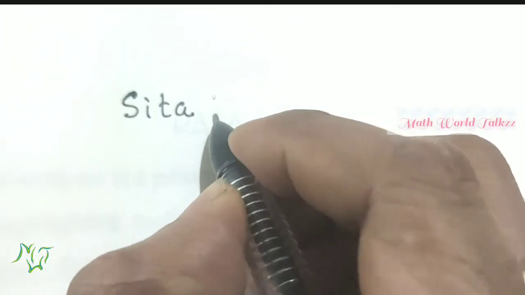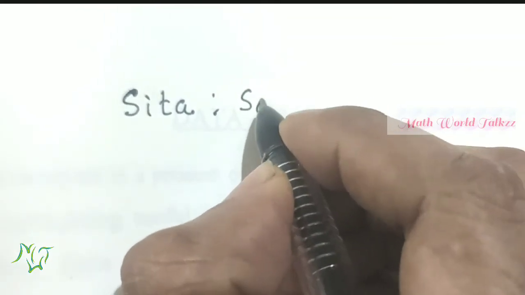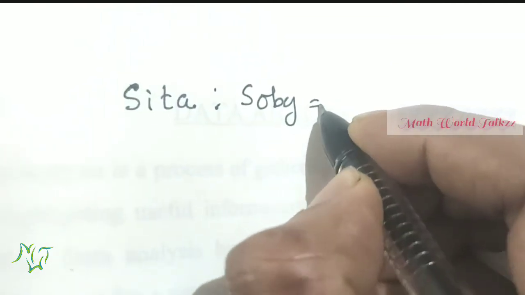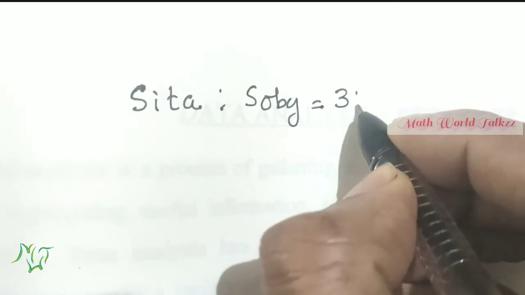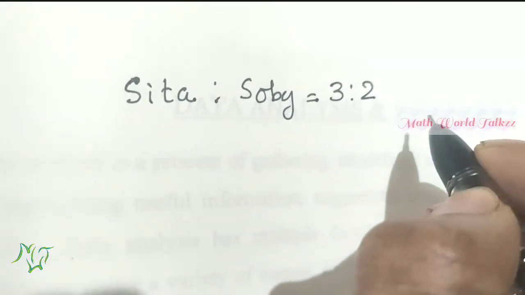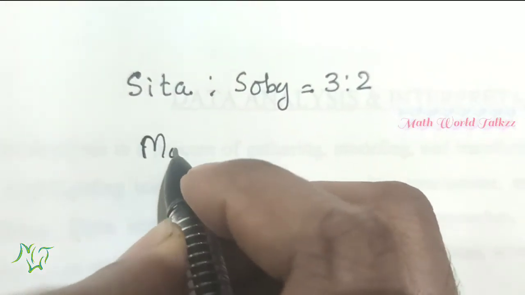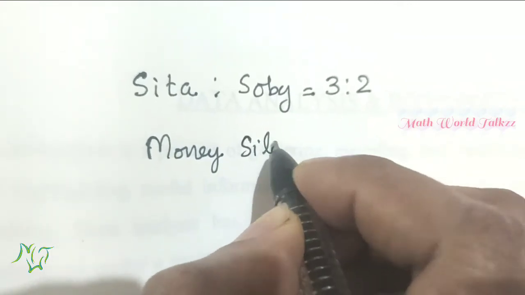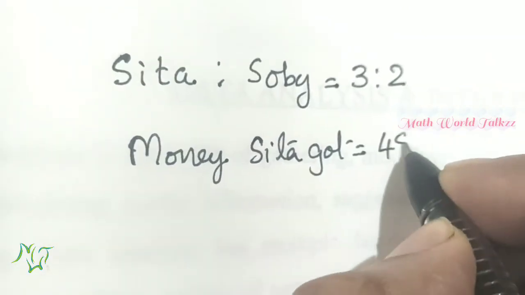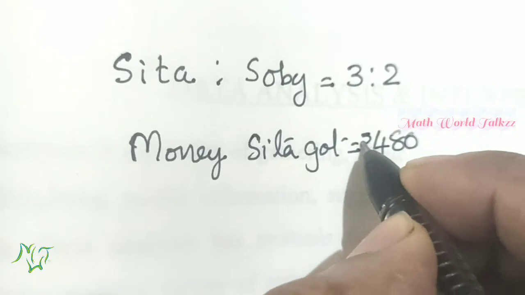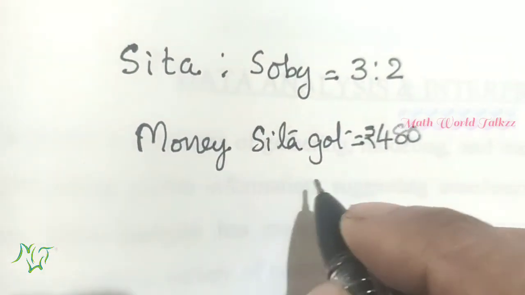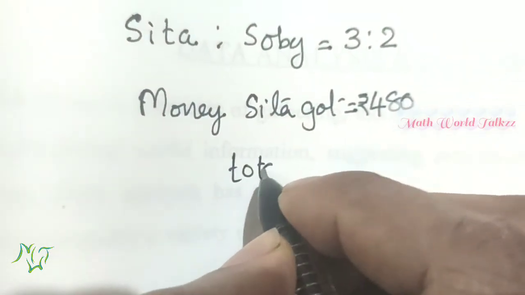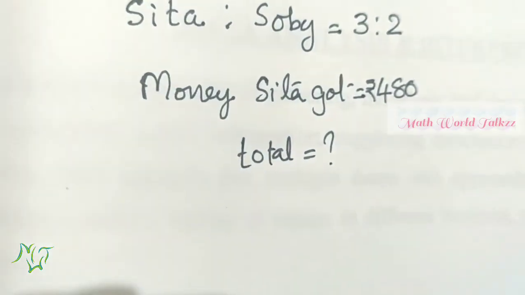The money Sita and Sobi got is in the ratio 3:2. Then the money Sita got is given. That is equal to 480 rupees. Total is not given. We want to find the total.